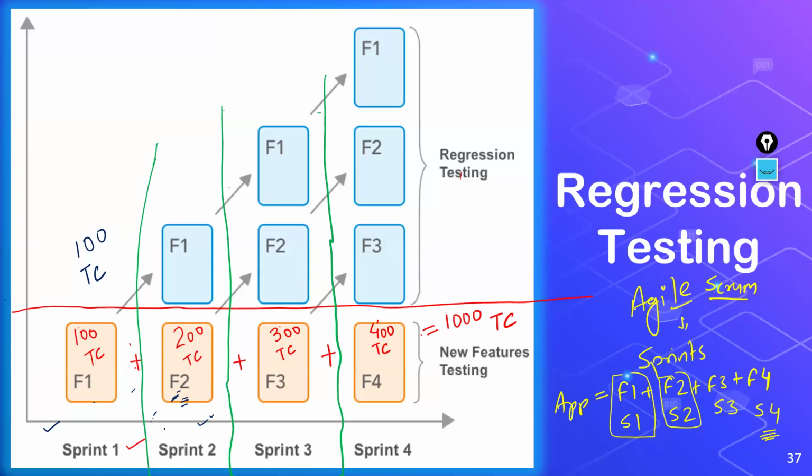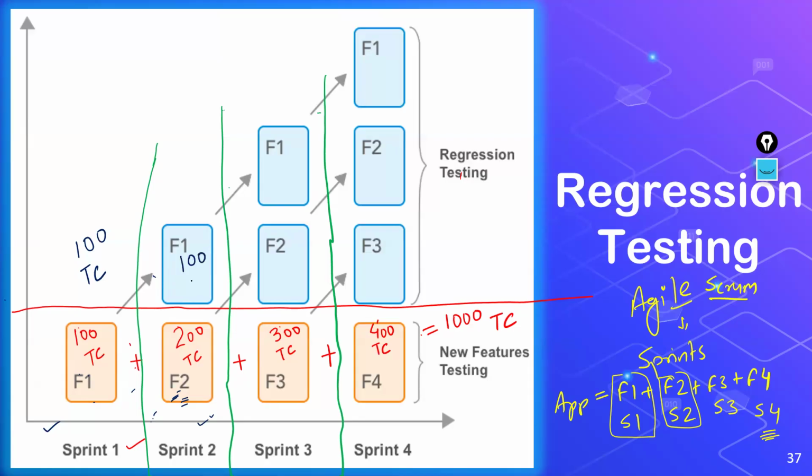Okay. So to verify feature F1 again in sprint number two, what do we do? How would you verify if there are any errors in feature F1 or not? By executing those same test cases that you created earlier in sprint number one.